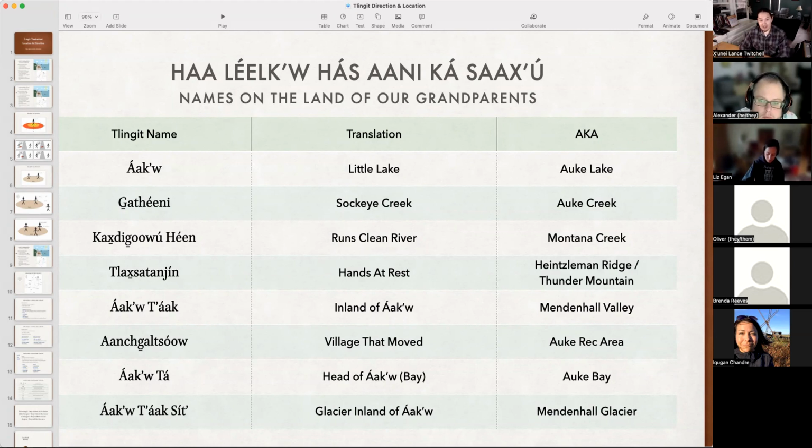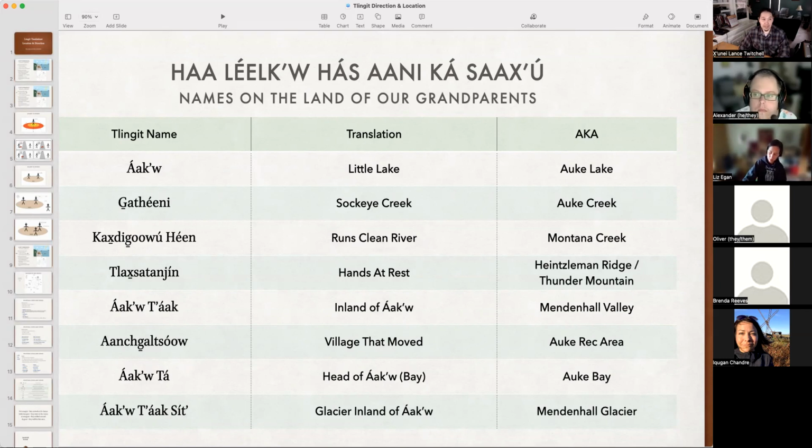Because when people say Juneau, they're sometimes talking about way north of Juneau all the way to way south. So it's a pretty large area. And when they get pretty large like that, you're really getting into the whole territory of the clan. So áax'w would be the people who are of the clans of this place.